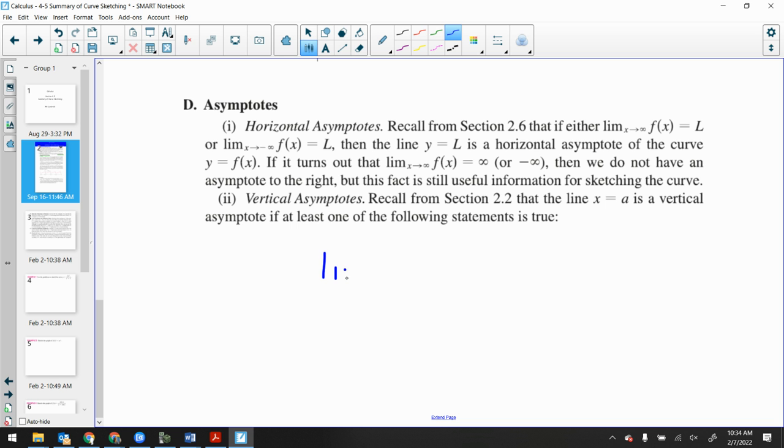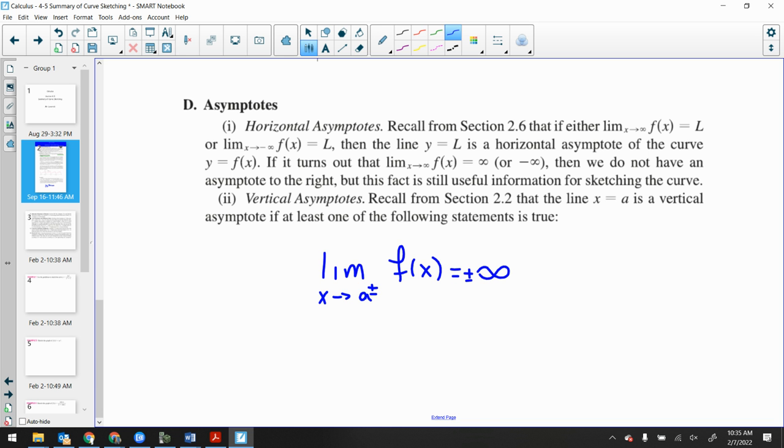The limit as x goes to some value a from the positive or negative, left or right side, of f of x is positive or negative infinity.